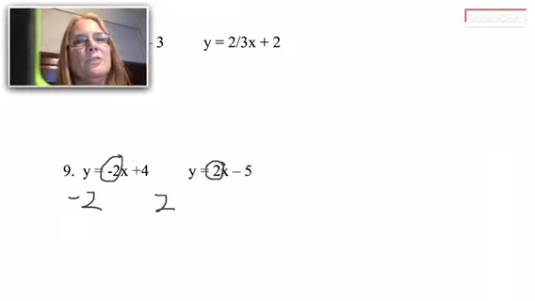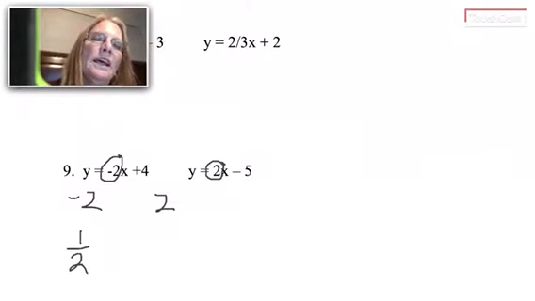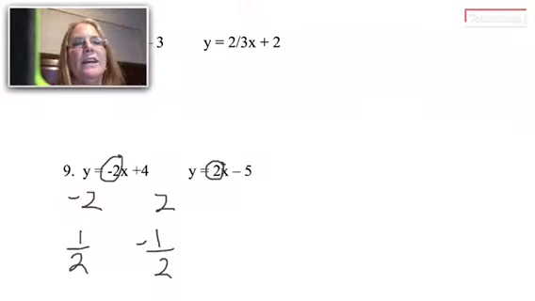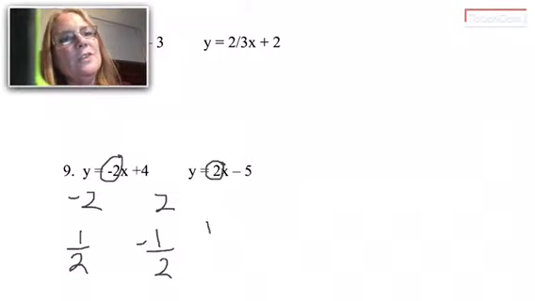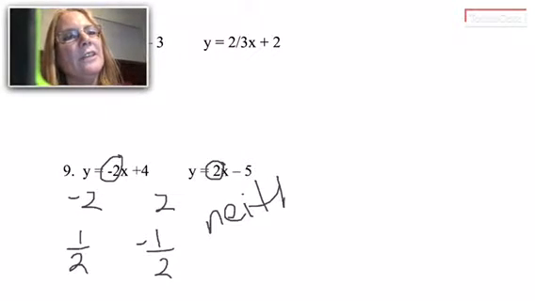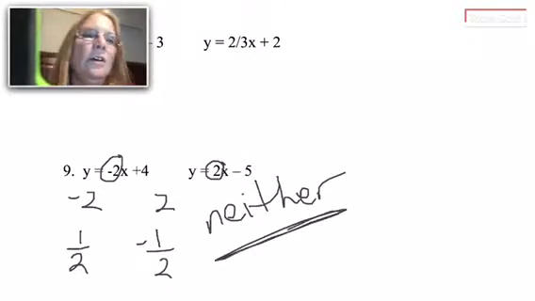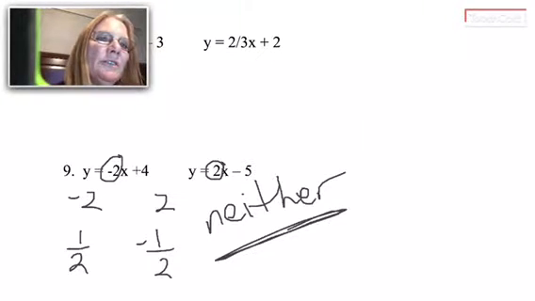Well, the reciprocal of negative 2 would be negative 1/2. The opposite reciprocal would be a positive 1/2. The opposite reciprocal of a positive 2 is a negative 1/2, okay? Those are not opposite reciprocals. So we would say that these are neither. They are neither parallel, nor are they perpendicular.